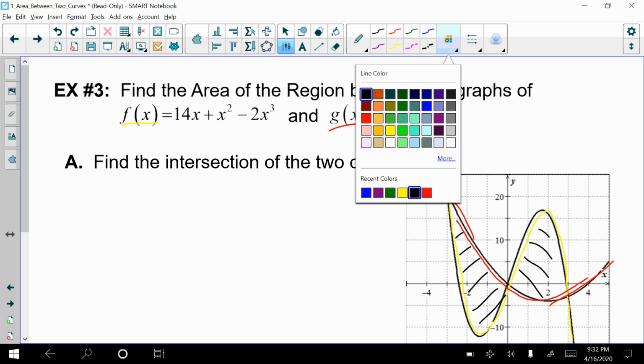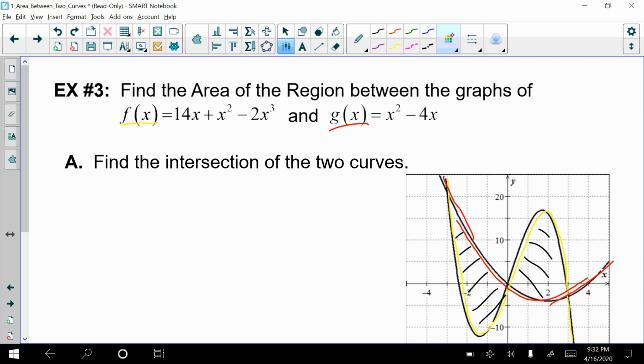Now, one thing that's really important to get correct when you're doing a problem like this is that you really need to know what the intersections are. Looking at the graph, I would feel pretty comfortable saying that I have an intersection here at 0. But is this intersection here exactly at x equal to 3, or is this one back here exactly at x equal to negative 3?